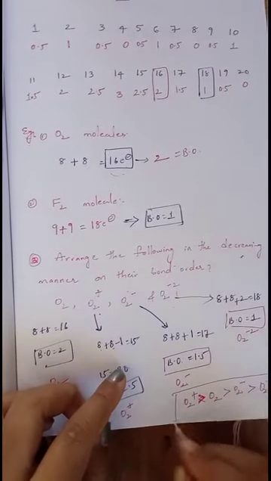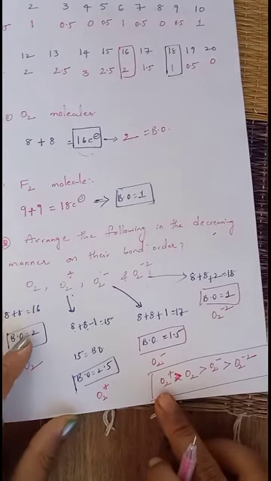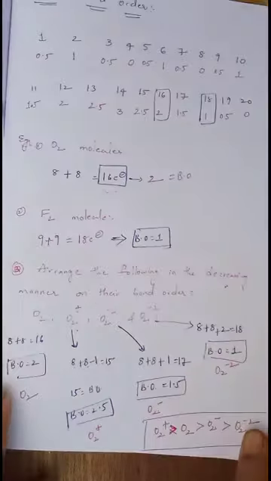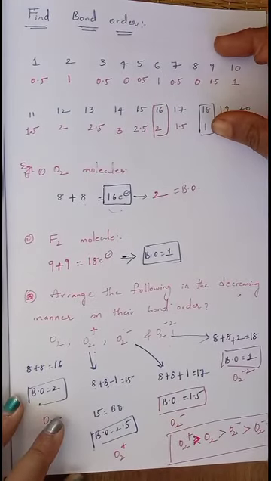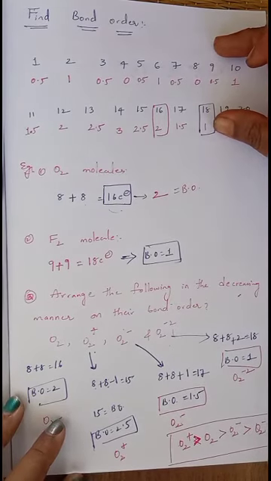This is the decreasing order. So O2 plus has the highest bond order and O2 minus 2 has the least bond order. If you remember this table, it's very easy to find the bond order for a molecule having a total number of electrons up to 10.